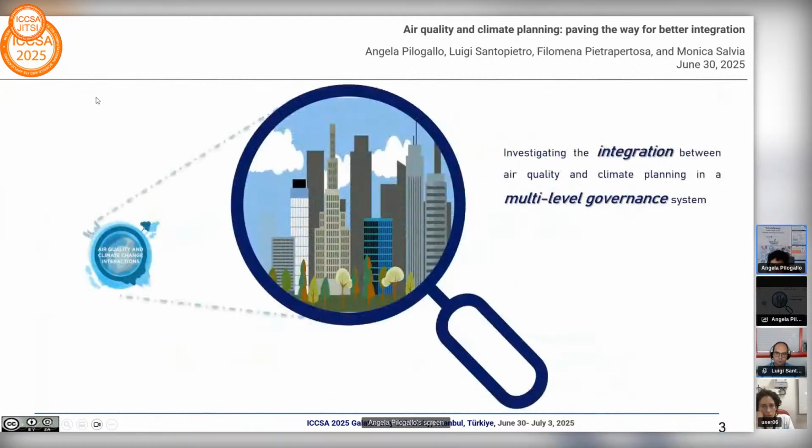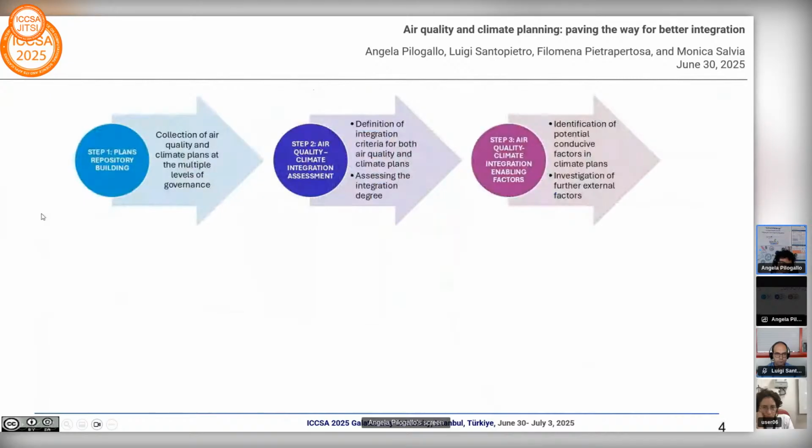The aim of this work is the investigation of the integration between air quality and climate planning, considering a multi-level governance case study, and also the identification of potential factors enabling a better integration.